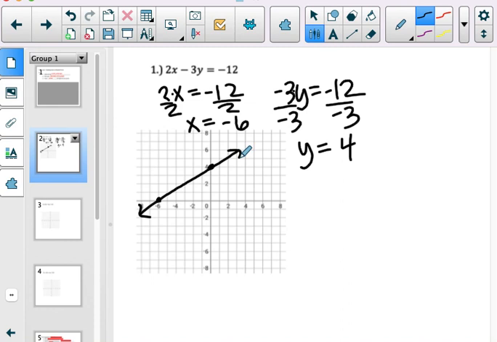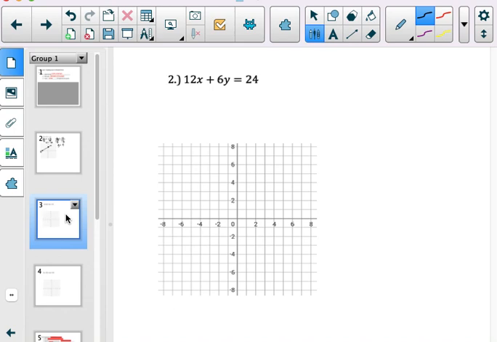Okay, so I want you to look at example number 2. 12x plus 6y equals 24. I would like you to take about 30 seconds right now and find both the x and the y-intercept.